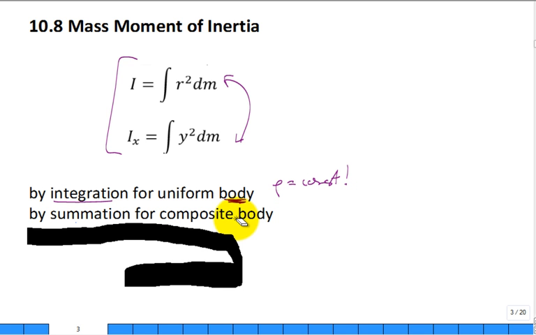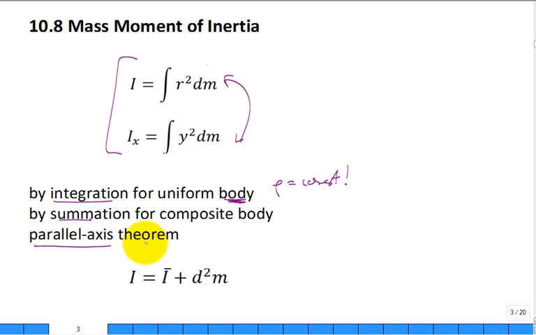And when you do the summation, often you have to transfer to a common axis of interest. So we're going to have a review of the parallel axis theorem. Here it's written for the mass moment of inertia. If somebody said change one letter in this equation, and it would be the parallel axis theorem for the area moments, which term in this equation would you change, and what would you change it from and to?